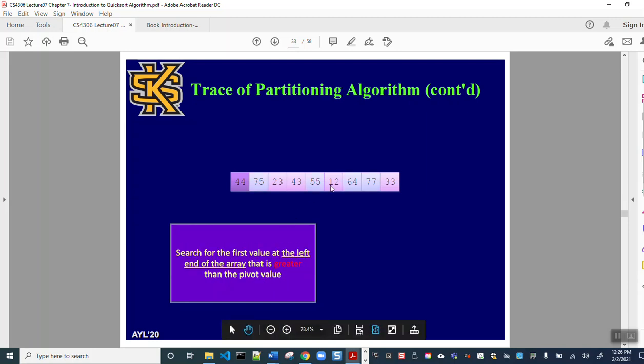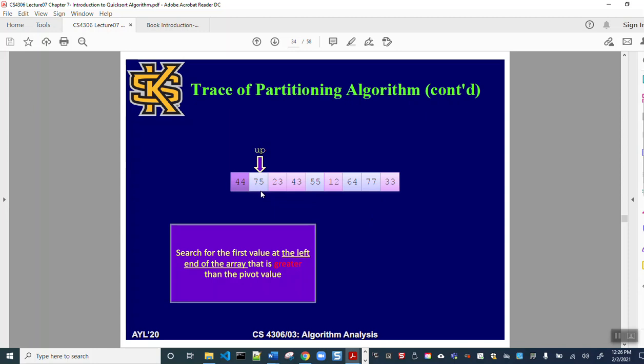So let us see that these blue elements are greater than the pivot element, this is the pivot element, and these purple elements are less than the pivot element.